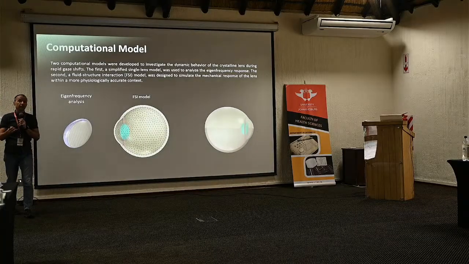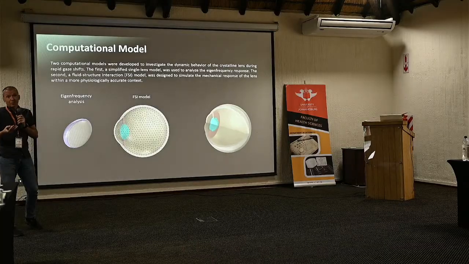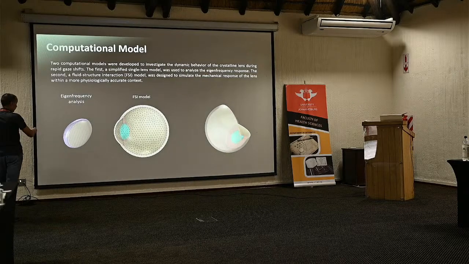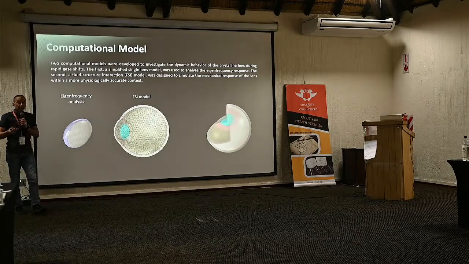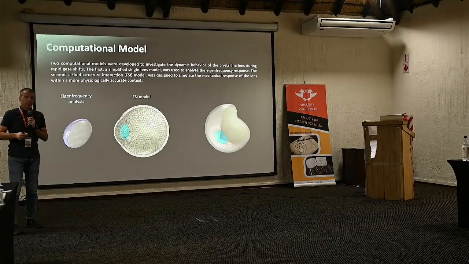That is basically a realistic representation of the lens in the accommodated position. In this light blue color, you see the approximate region where the lens is suspended by the zonular fibers.